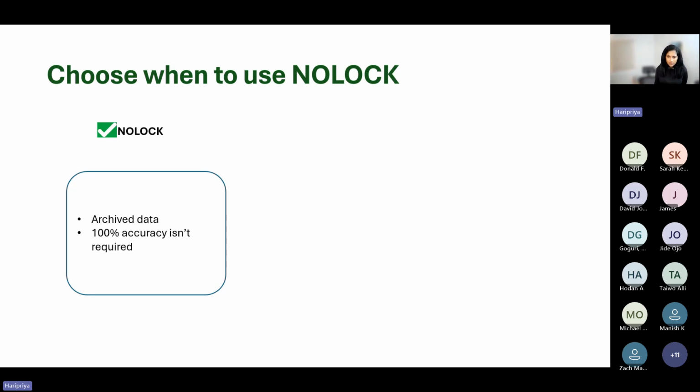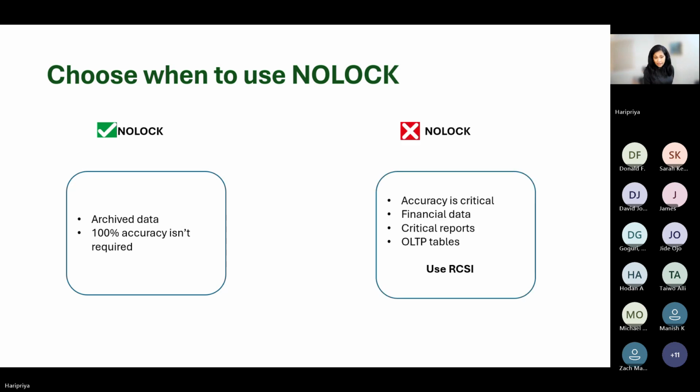But unfortunately, there are so many places in applications where NOLOCK is used, even on very mission critical OLTP applications or when accuracy is needed. Please do not use NOLOCK, and that's why we have RCSI.